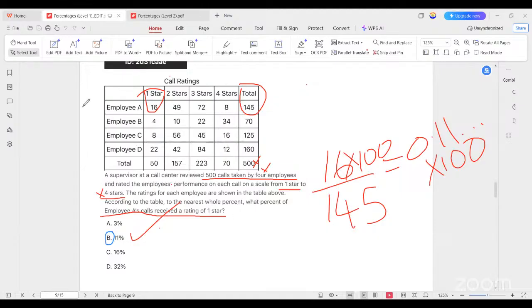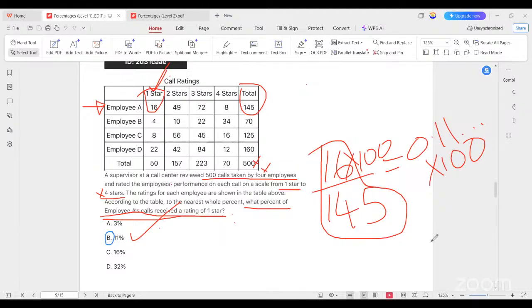For employee A, what percent of calls received a rating of 1 star? All together is 100%. Agree? For 1 star, he got 16 ratings out of 145.